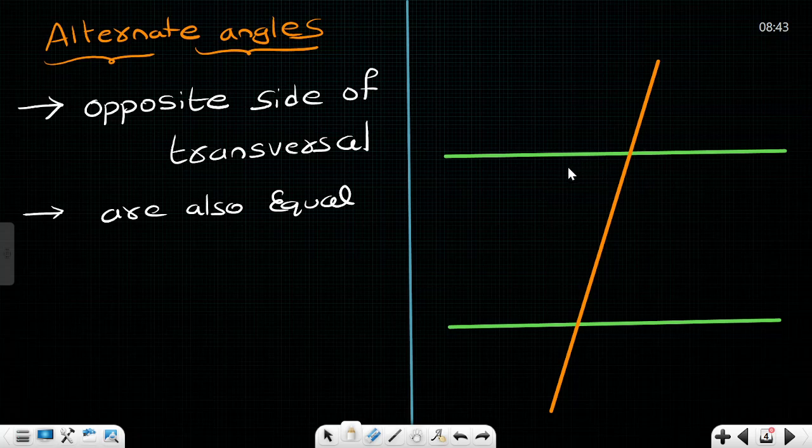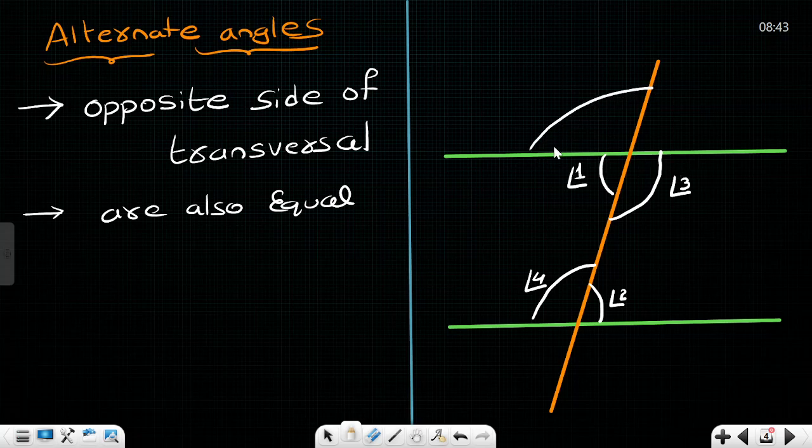So now I'll show you this angle and this angle, angle 1 and angle 2, they are called alternate angles. You can have like this also, angle 3, angle 4, they are also alternate angles.